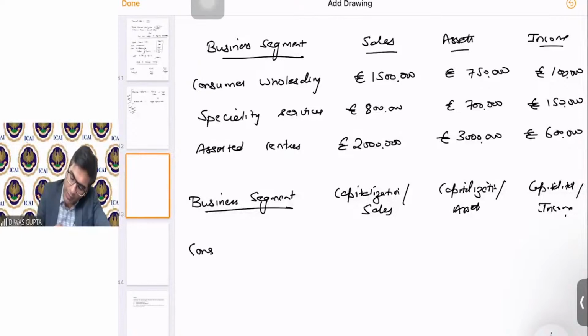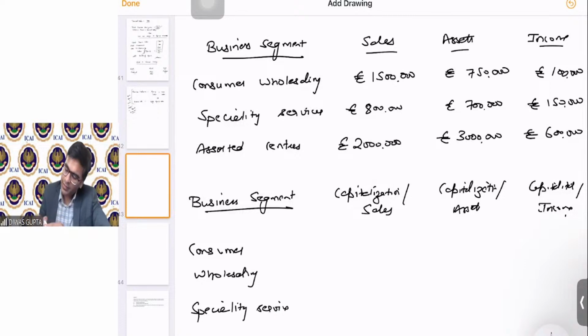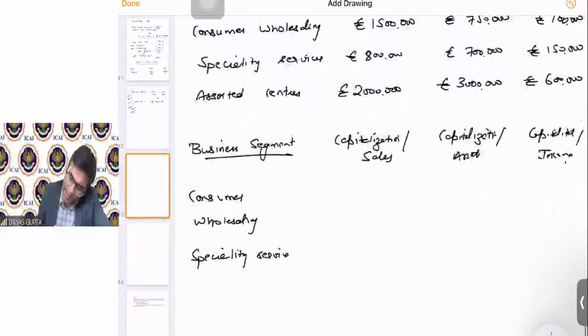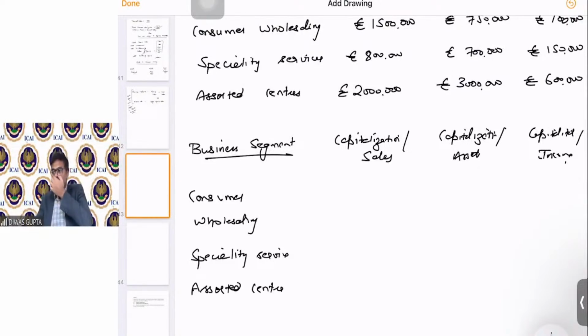So consumer wholesaling, specialty services, and lastly, assorted centers, right? For consumer wholesaling, capitalization to sales is 0.75, then to assets is 0.60, and to income is 10 times.